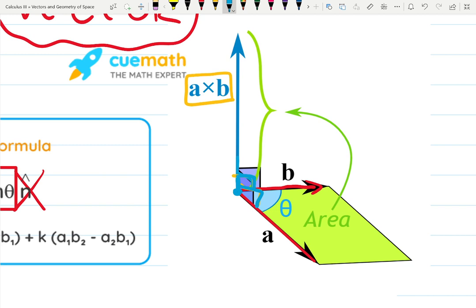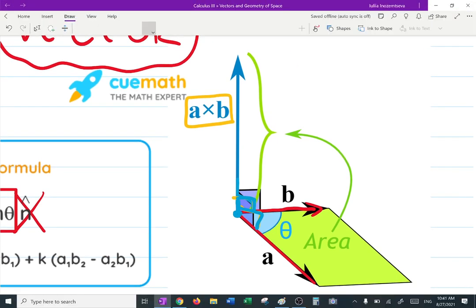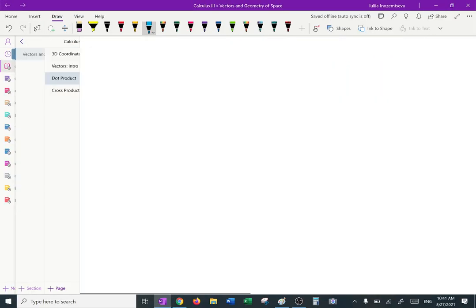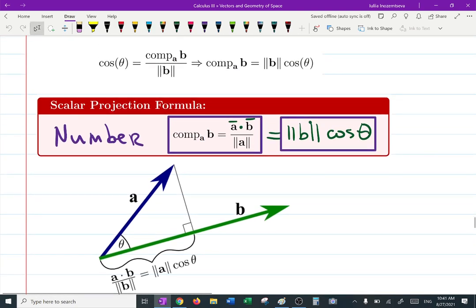From the previous lecture on the dot product, we know that when A and B are perpendicular, the dot product should give you 0, because cosine of 90 is 0. So that's why, right? Because the dot product also answers the question how parallel I am to you, if I'm perpendicular to you, that's 0.